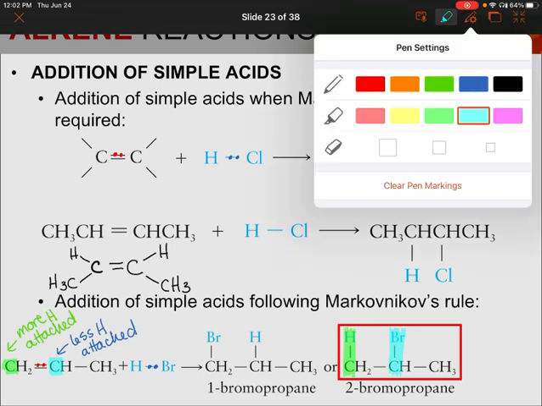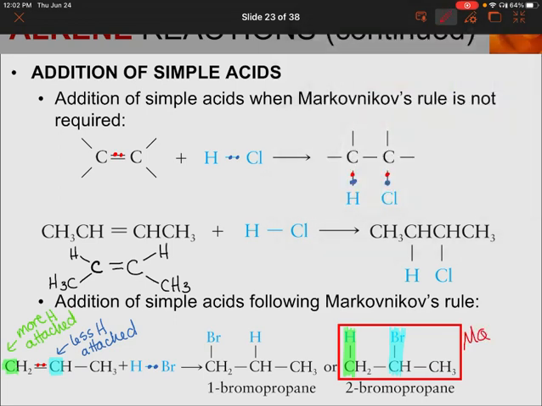So that is the major product. You might see a very, very tiny amount of the other product where hydrogen did add to the side with less hydrogens, but it's so minor that we're just not even going to worry about it. We're just going to focus on the major product where the hydrogen adds to the side with more hydrogens.